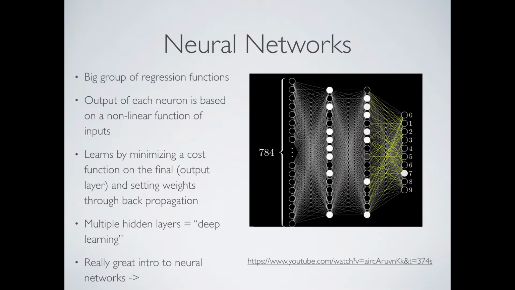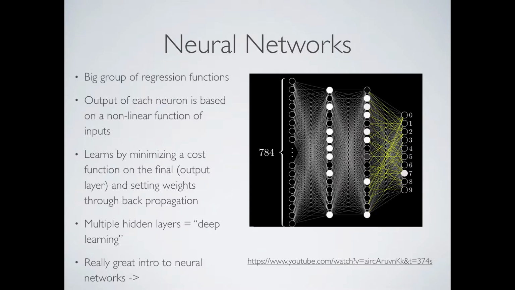So 32 by 32 images, so obviously you have 784 pixels in those images, and that means one pixel corresponds to each one of those dots, which is your input layer. Each one of those dots is an input neuron. You have multiple layers of other neurons that lead up to an output layer. Your output layer has one neuron for every class that you're trying to predict.